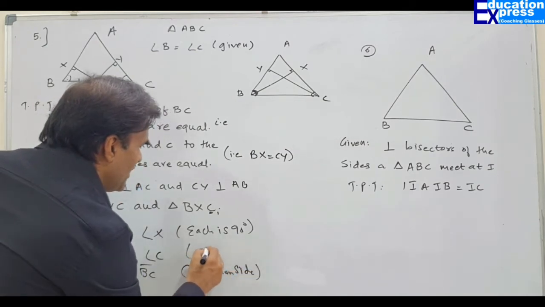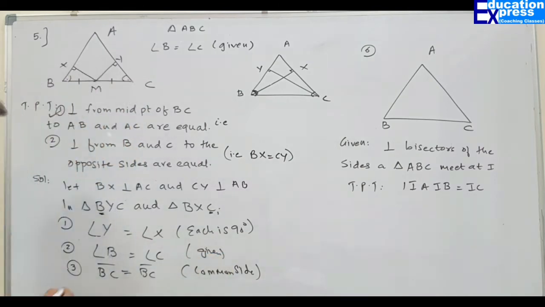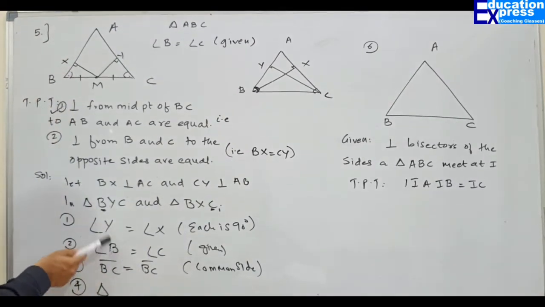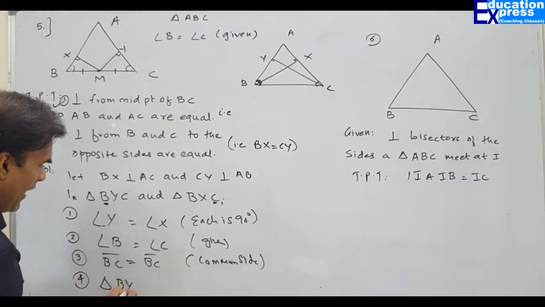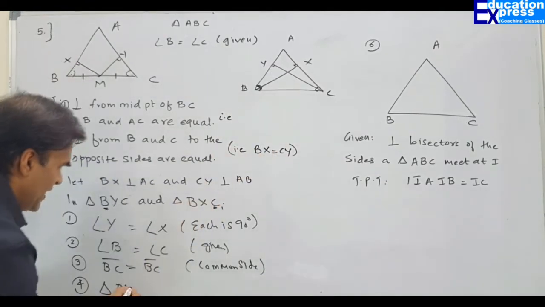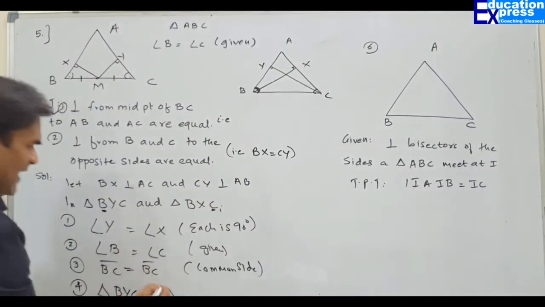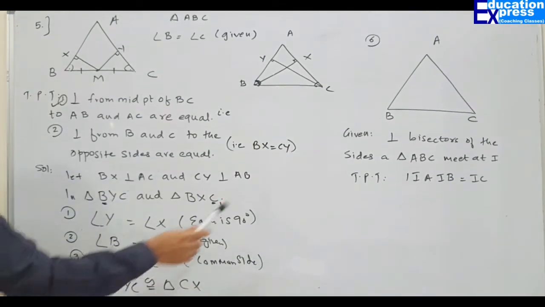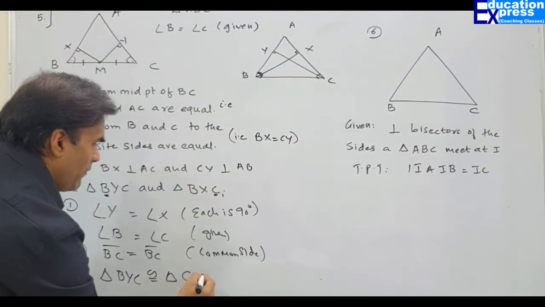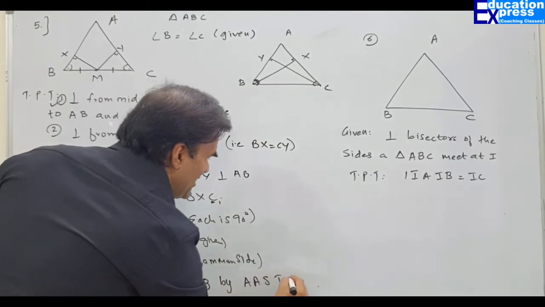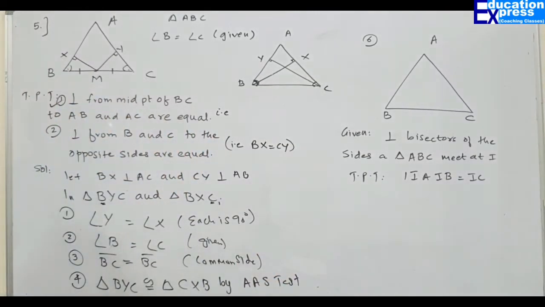And this was given. So my dear friends, can I conclude that triangle BYC, with one-to-one correspondence, is congruent to triangle CXB by the AAS test of congruency.